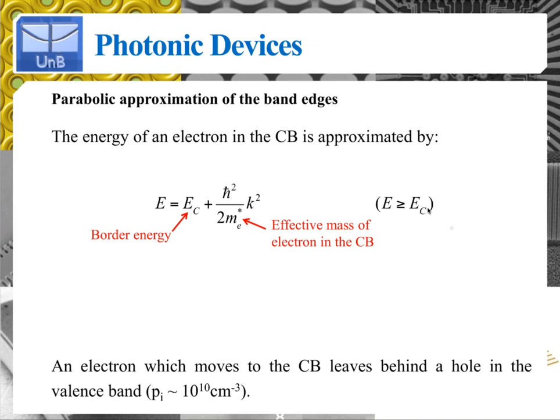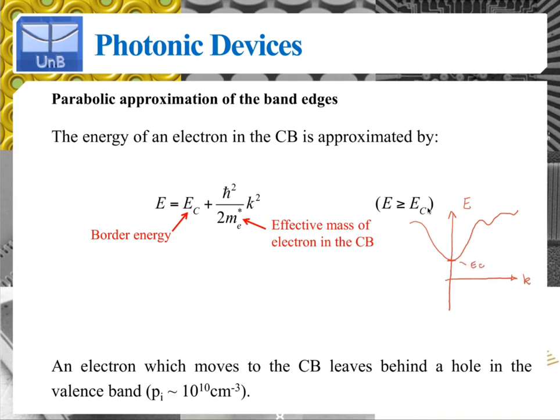And if we draw this, we can consider that we might have originally a band structure for the conduction band which might be more complex. Let's say something more complex. Okay, and of course this here is E_C, the energy at the band edge.